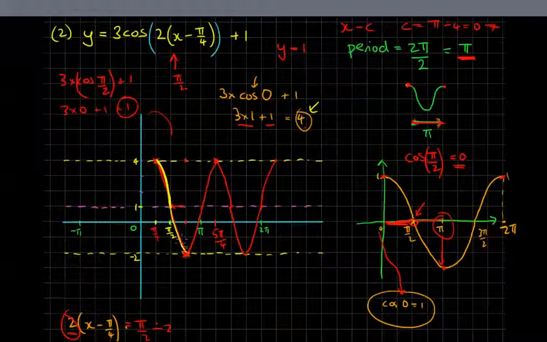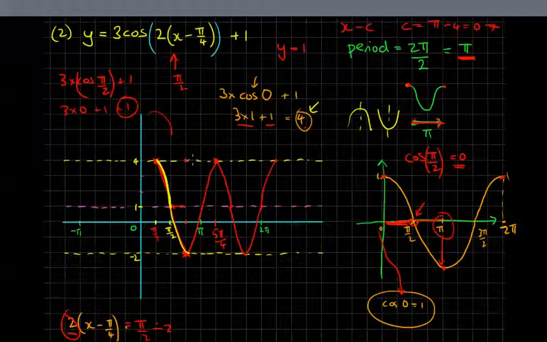That means it's going to be automatically 1 square down like this, and then 1 square back up and 1 square like this, because these peaks and troughs are all symmetrical. They're mirrors of each other.